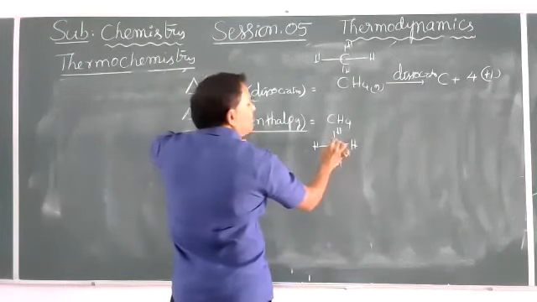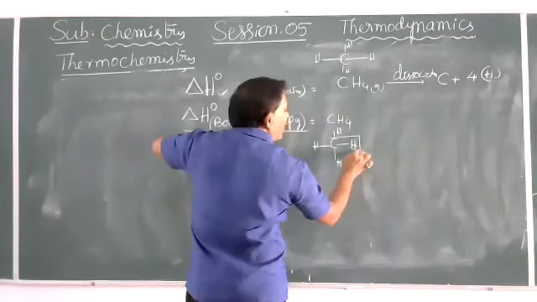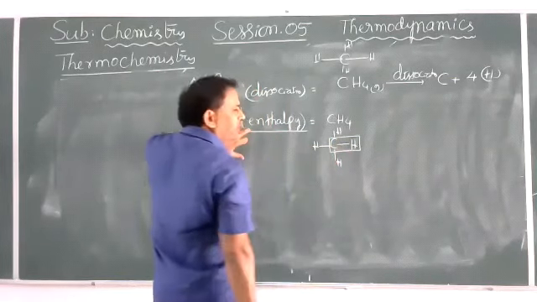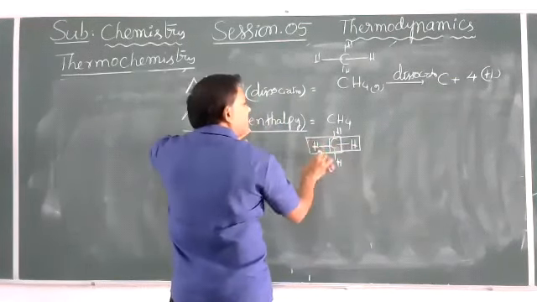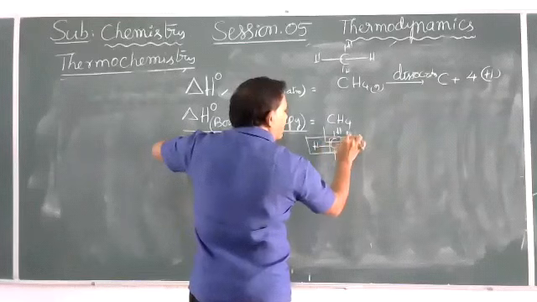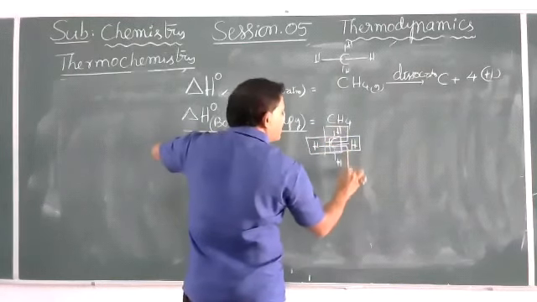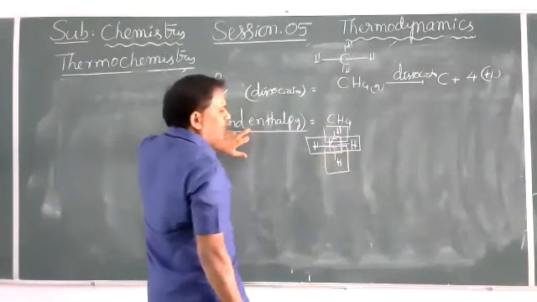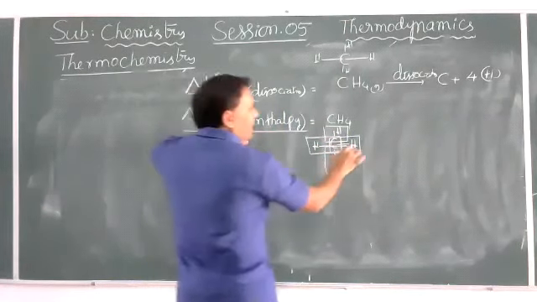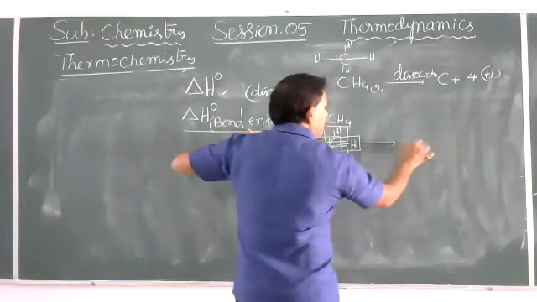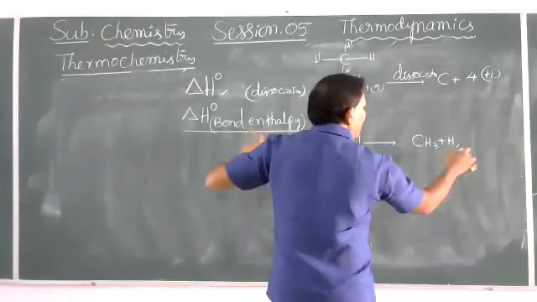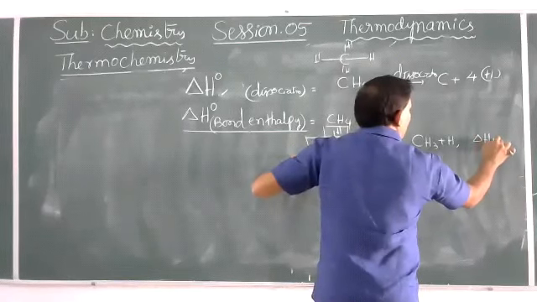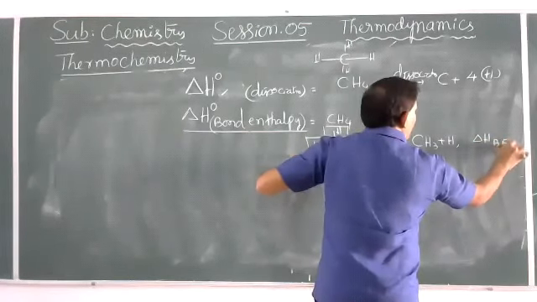Now first, to break a carbon hydrogen bond, some amount of energy is required, and again to break another carbon hydrogen bond, some amount of energy, and again carbon and hydrogen, some amount of energy is required. First, to convert CH4 to CH3 plus H, some amount of energy is required, that is called bond energy 1.